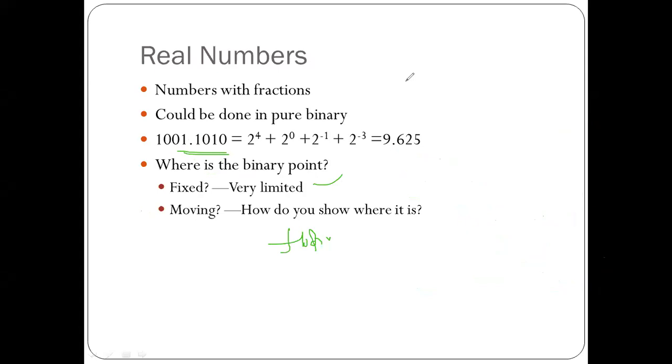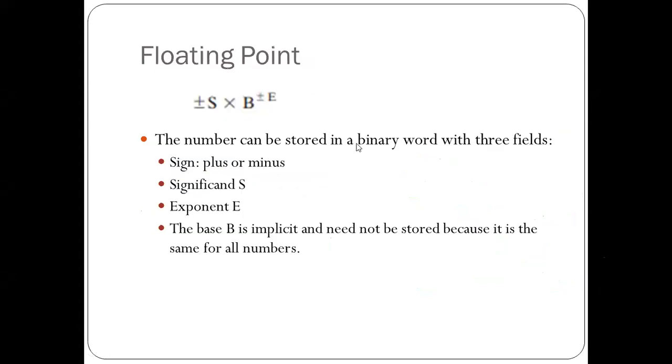For that floating point method, numbers are represented in scientific notation, where S is meant for sign, whether it is plus or minus, into B, which is base, power E. Here B is the base. S is meant for the significand and E is your exponent, plus or minus.